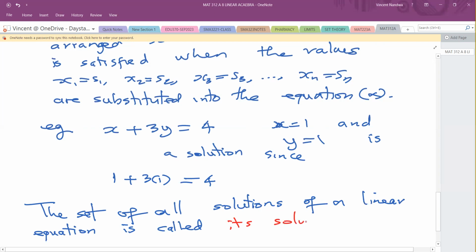And when this set is found, we say that the equation has been solved.